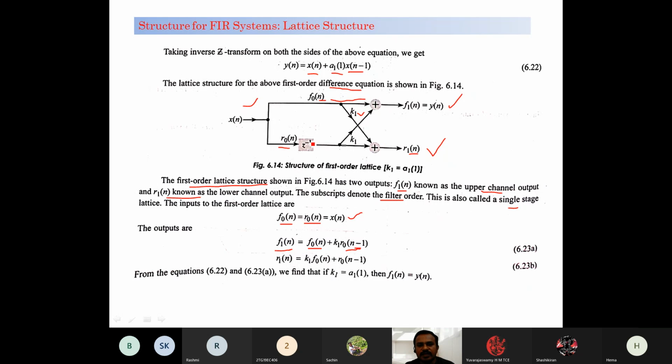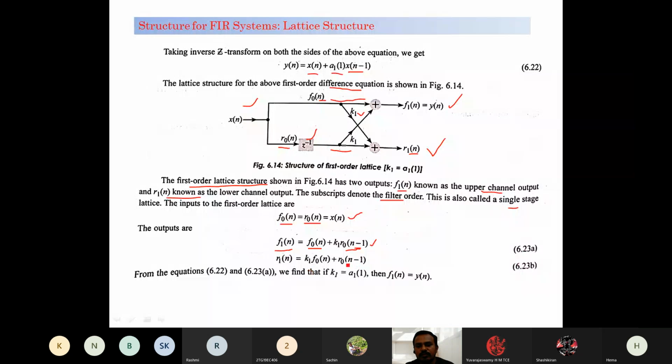Because there is a delay in the input. r0(n) is coming with the delay at the summing point. So r0(n) times z inverse, by inverse transform, gives r0(n minus 1). And the lower channel output, r1(n), is nothing but this r0(n minus 1).